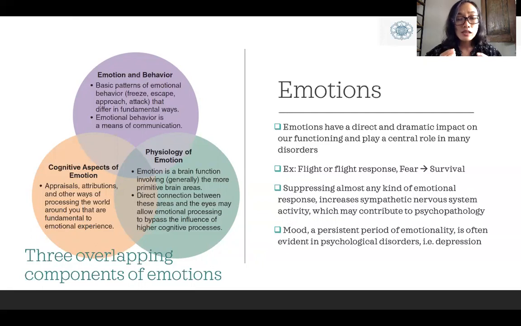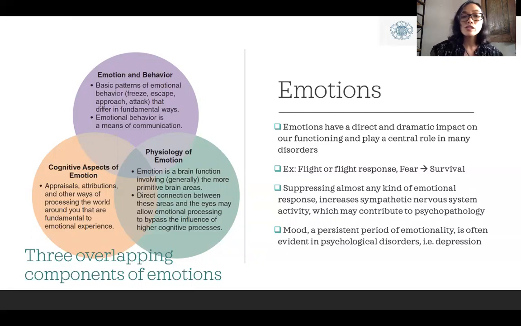So according to the emotion theory, emotion is composed of three related components, including behavior, physiological, and cognition, but most emotion theories tend to concentrate on one component or another.